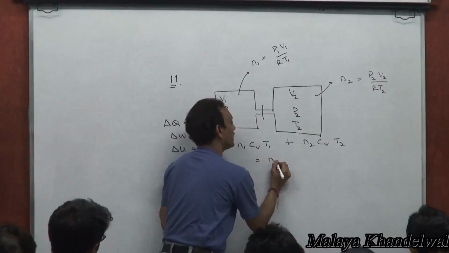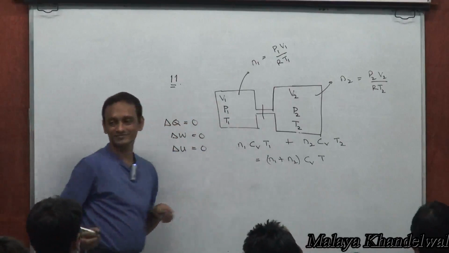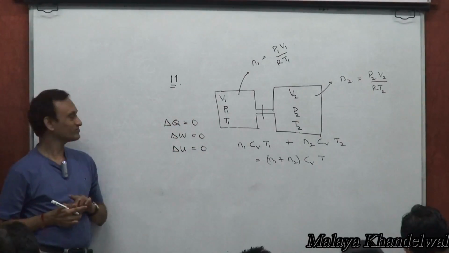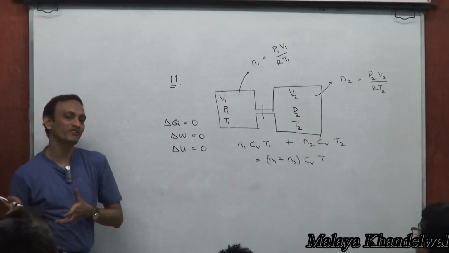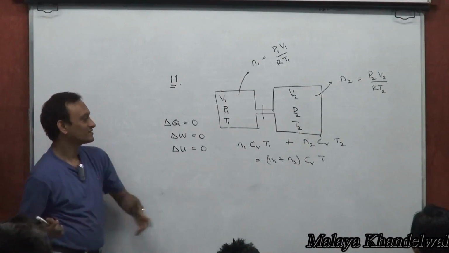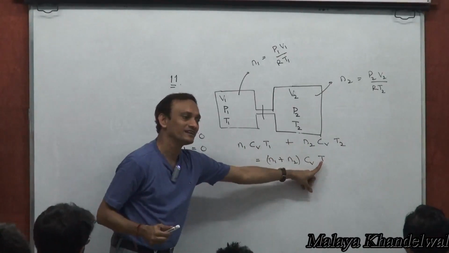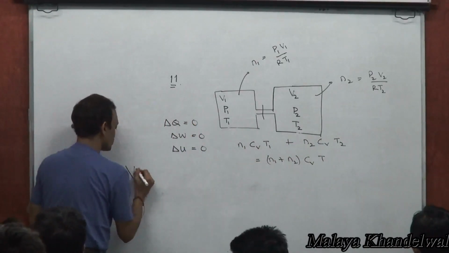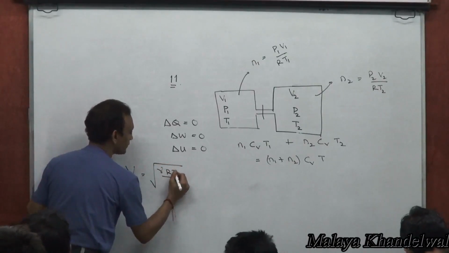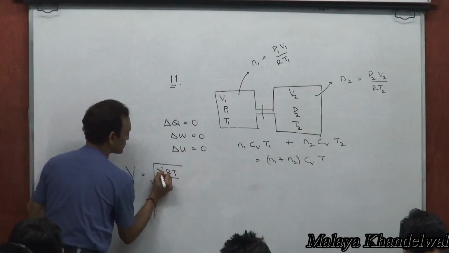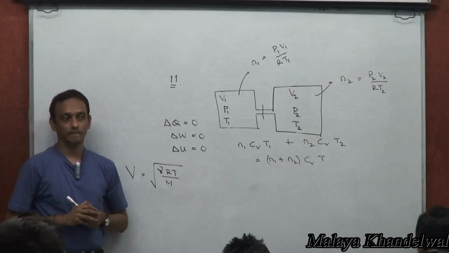That must be equal to (N1 plus N2) Cv into the final common temperature. Yes or no? Initial internal energy must be final internal energy. So this will enable you, you know N1 and N2, so you can solve for T. And once you solve for T, the velocity of sound is going to be root gamma RT by M. Right, Laplace. Yes or no?